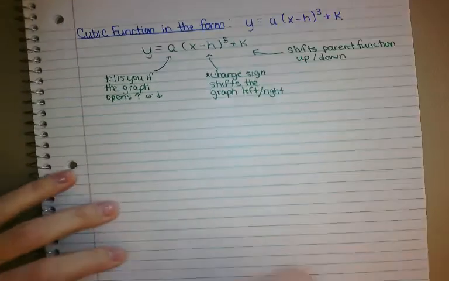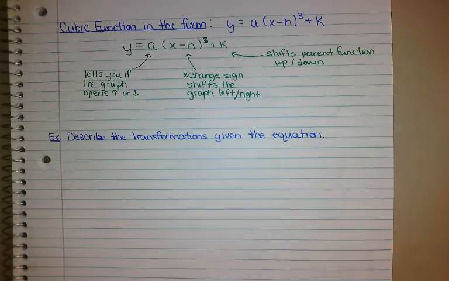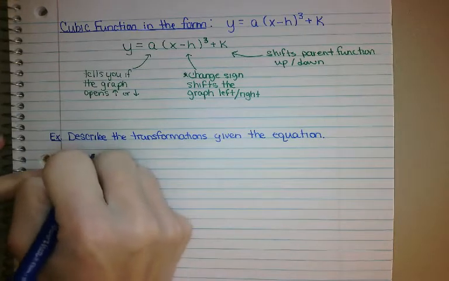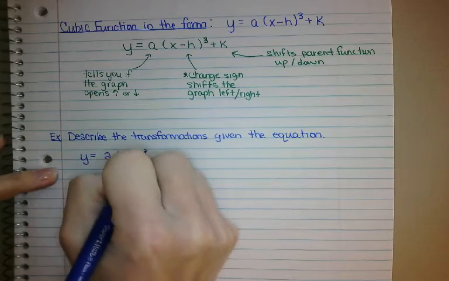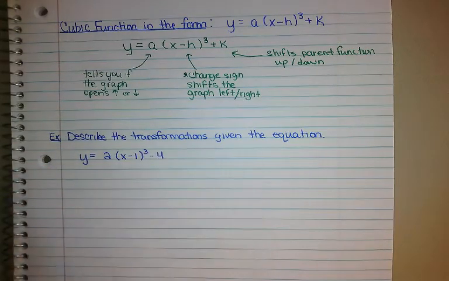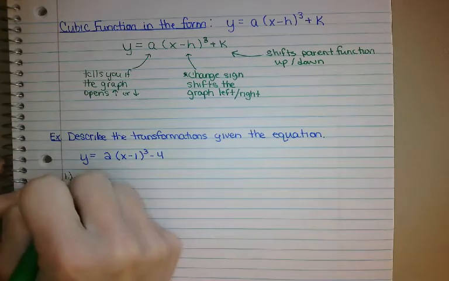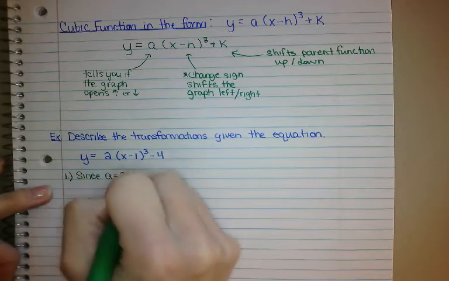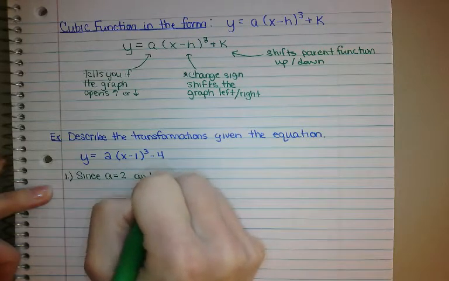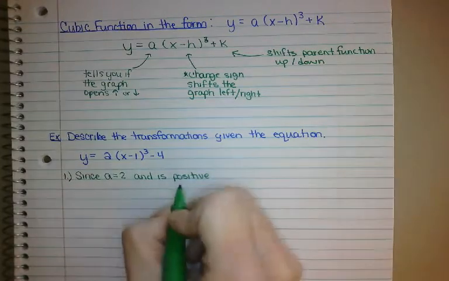So let's take a look at this example. Okay, so we want to describe the transformations given the equation. Let's say I have y equals 2 times the quantity x minus 1 cubed minus 4. All right, so number one thing that I can state is since the a is positive, that tells me two things, all right?